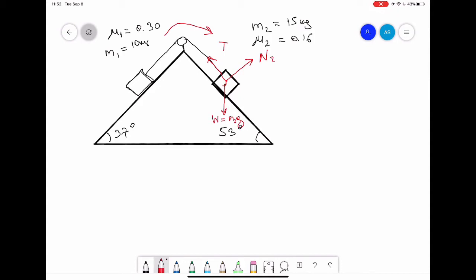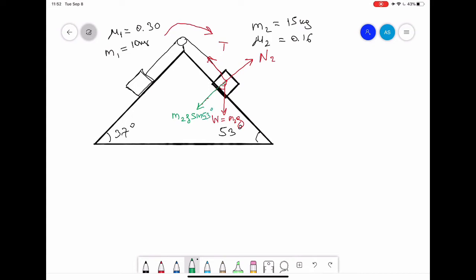Now, since the weight is pointing at a certain angle, which is 53 degrees, it can be resolved into two components. The first component of M2G will be M2G sine 53 degrees.